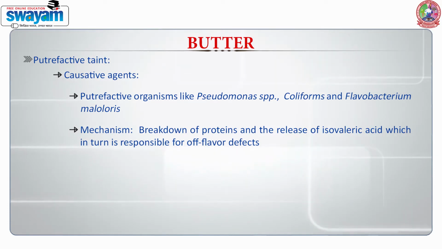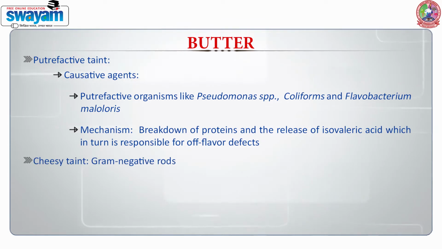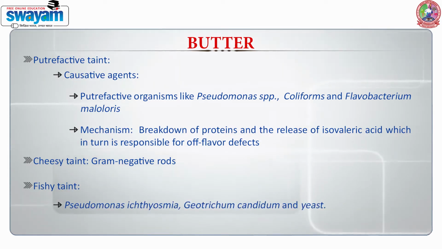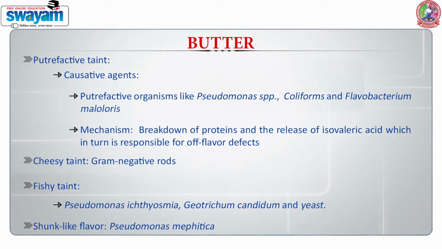In cheese, you can also see a cheesy taint which is due to gram-negative rods. We can also find a fishy taint in butter which is due to Pseudomonas species, Geotrichum candidum and yeast. At times, butter is also associated with a skunk-like flavor, caused by Pseudomonas mephitica, which is responsible for this peculiar odor in the butter.